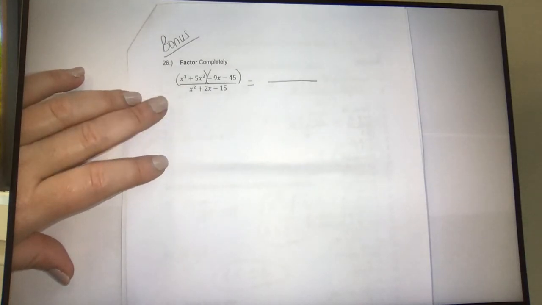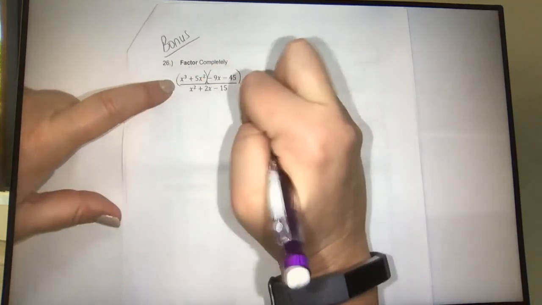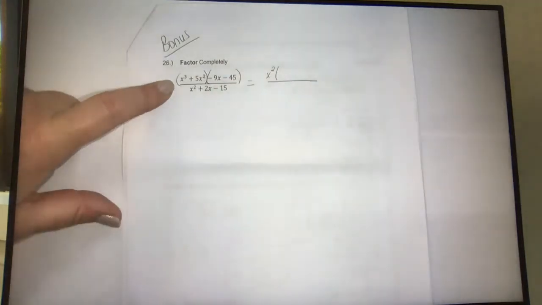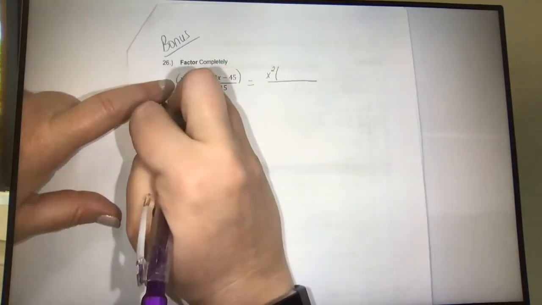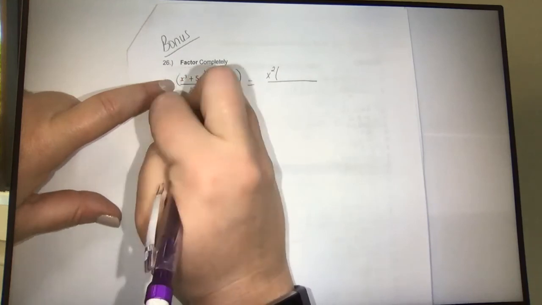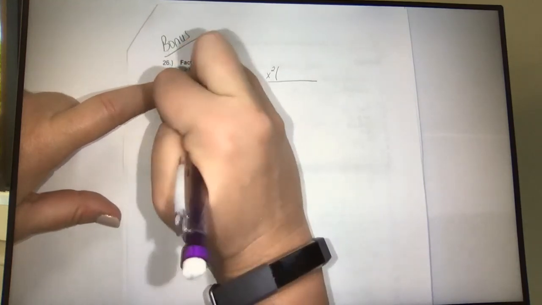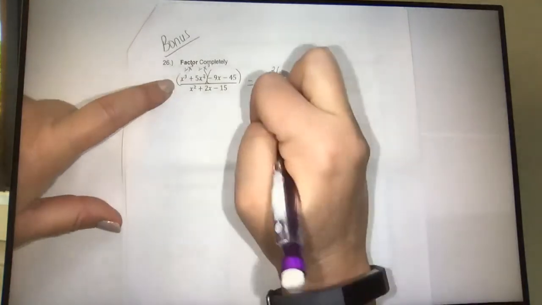Okay. So for this particular packet here, I see a GCF of x squared. They both have x's. The smallest one is x squared. If I divide an x squared out of both, I get x plus 5. Then I see a minus.